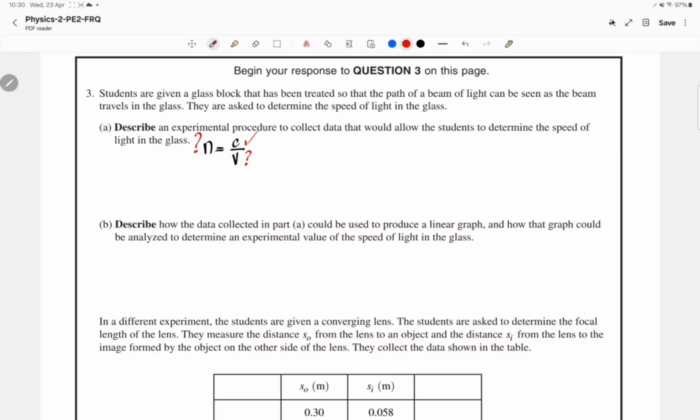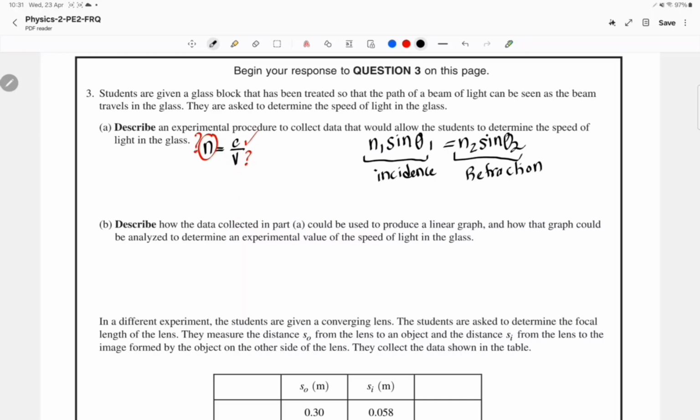If we can find the n, we can therefore find the v. Which reminds me of Snell's law of n1 sine theta 1 is equal to n2 sine theta 2, where the n1 sine theta 1 is the incidence, while the n2 sine theta 2 is the refraction.